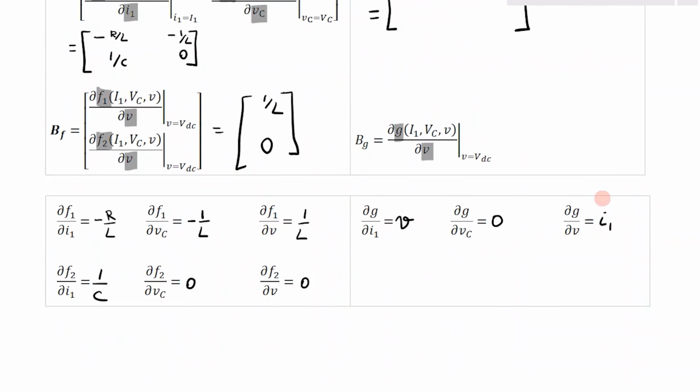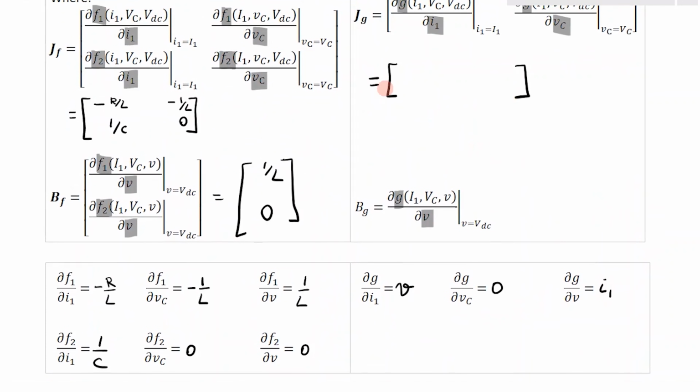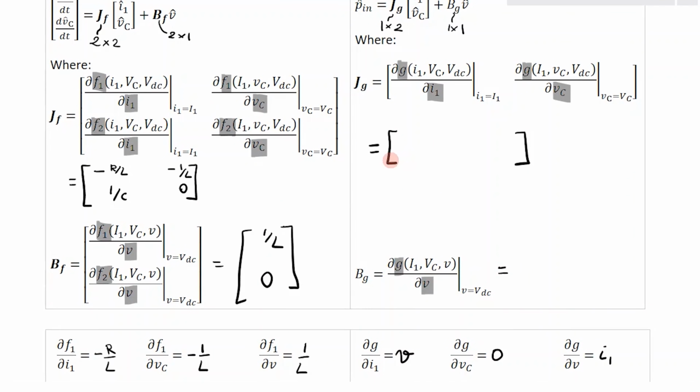Now we want to plug this all back in. So this derivative is going to go here. We have V, but we need to be careful. It's not just V. We actually need to evaluate it at DC operating point, right? So instead of just V, we plug in its DC operating point.